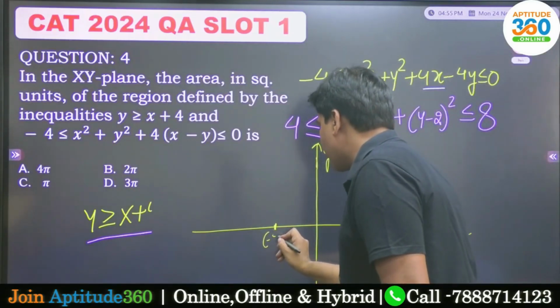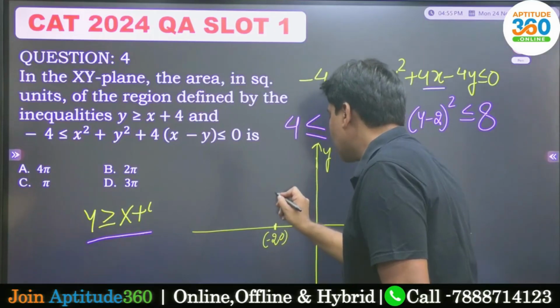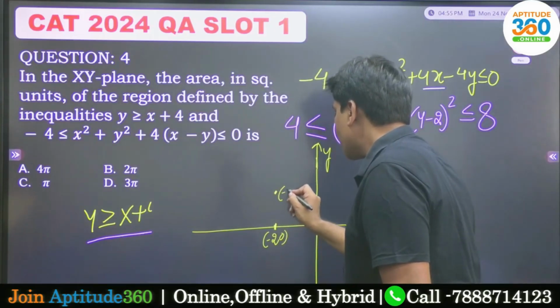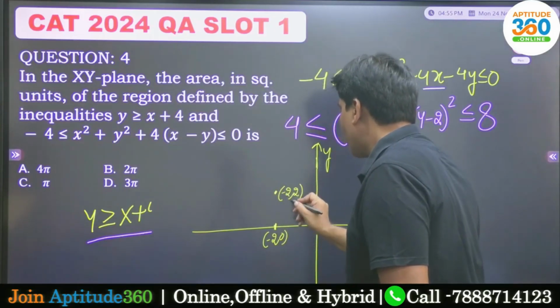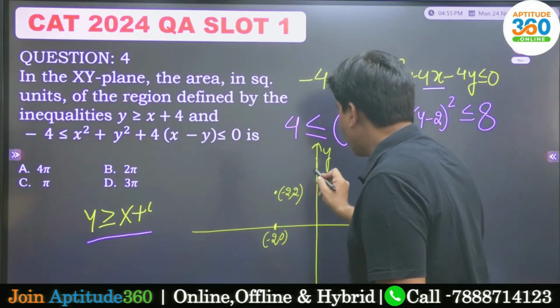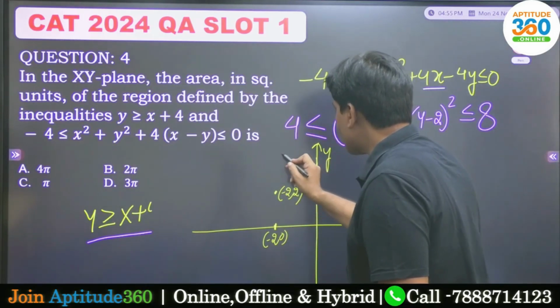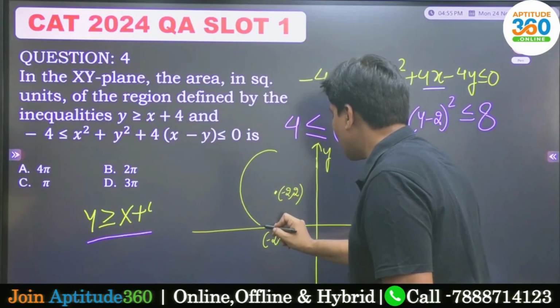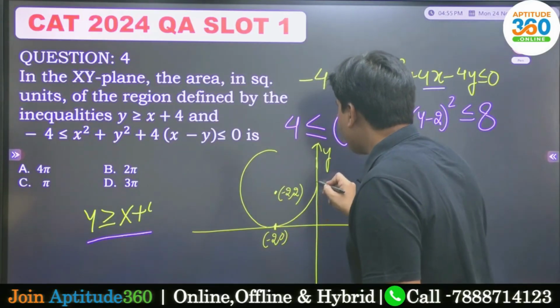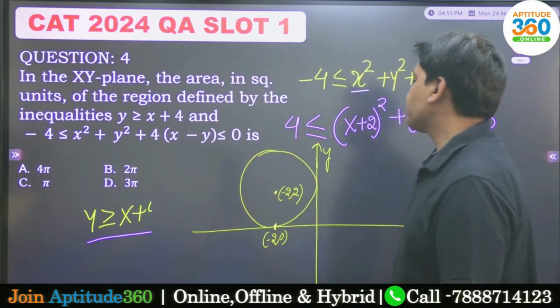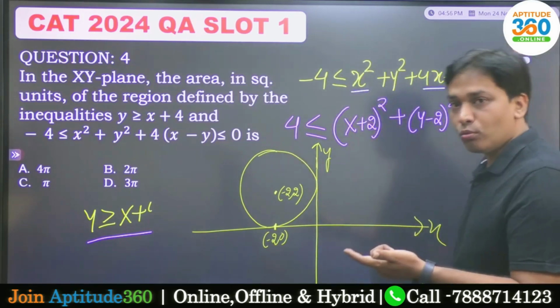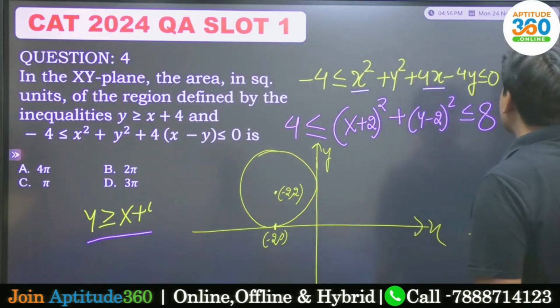So if this point is (-2, 0), and this point out here is (-2, 2), this is going to be your first circle. So your first circle is going to look like this, right? Radius being 2.